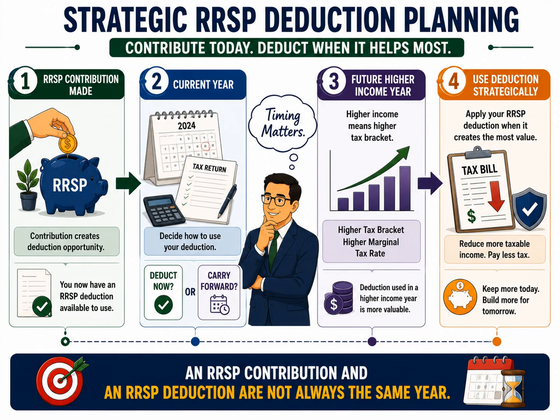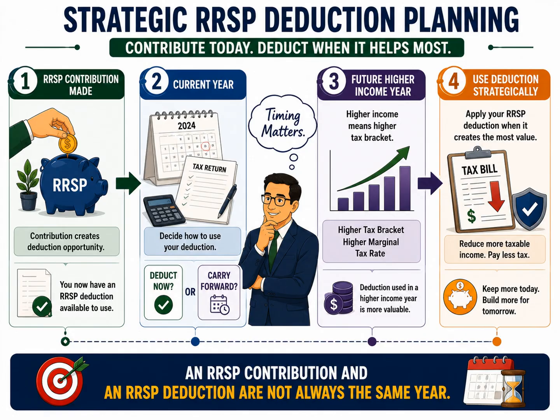The advisor's role is to identify opportunities where timing can improve outcomes. And RRSP deductions often provide one of the clearest examples of that principle. This is why the message at the bottom of the slide is so important. An RRSP contribution and an RRSP deduction are not always the same year.